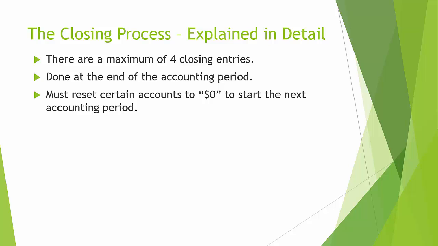And you have to realize that in most cases, you're going to have to reset those accounts to 0, because if we didn't, then we would be confused on how much of the accounts of the revenue or the expenses were earned in that period. If we didn't close them out to 0 and start at 0 at the next period, we wouldn't have any clue. It would just be all combined and we'd never figure out the total.